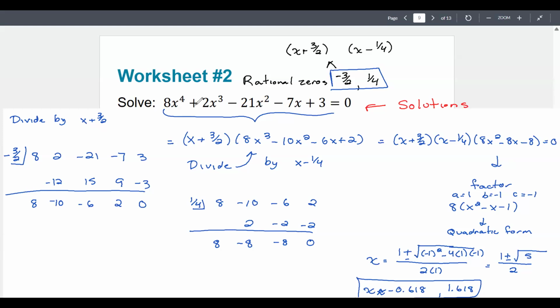My solutions, if I have 8x to the fourth plus 2x cubed minus 21x squared minus 7x plus 3 equals 0, those solutions are going to be minus 3/2, 1/4, and if you want to keep it as exact solutions that look like this, or you can say it's going to be negative 3/2, negative 0.618, 1/4, and then the 1.618.